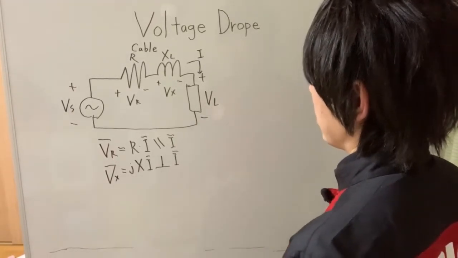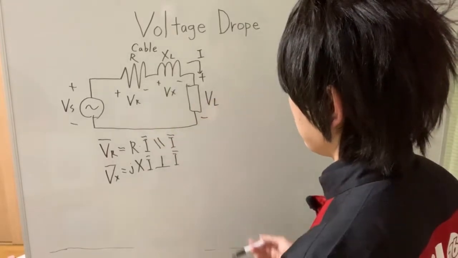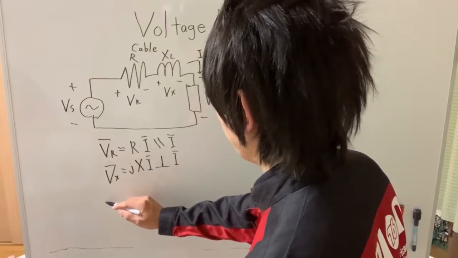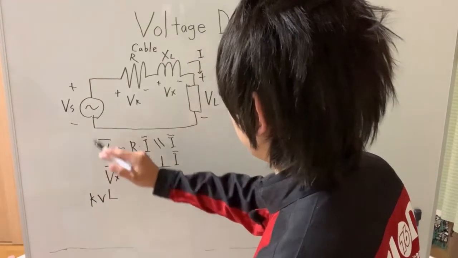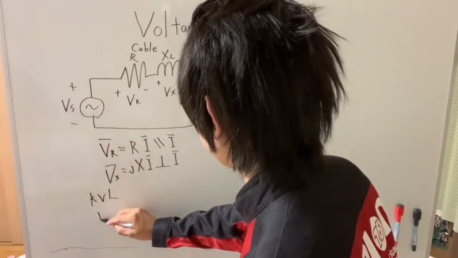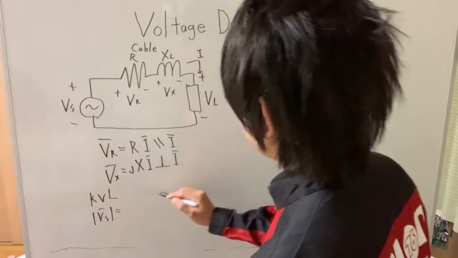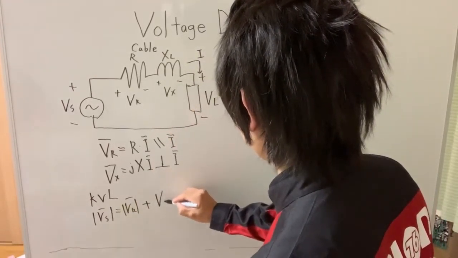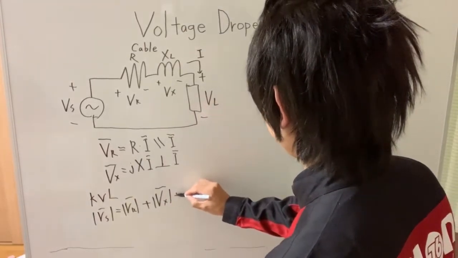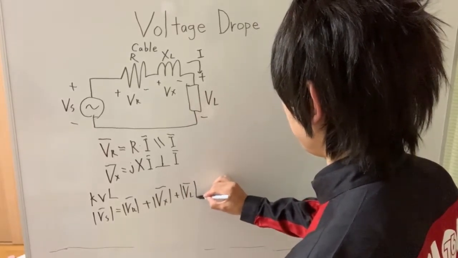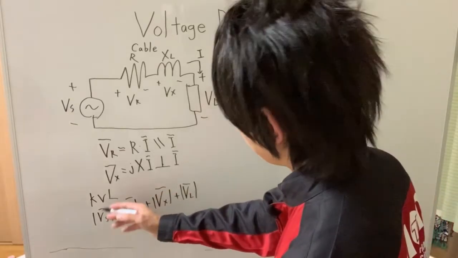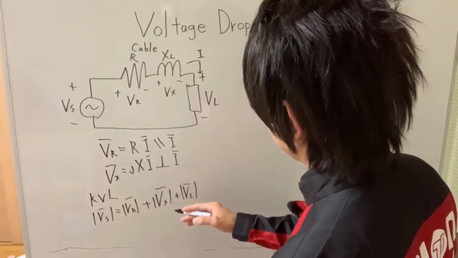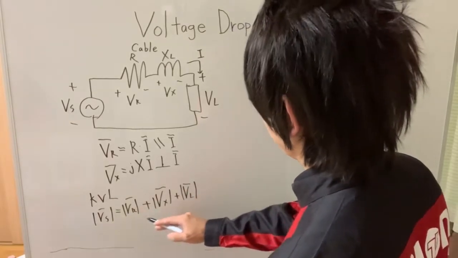So let's think about Kirchhoff's voltage law, or KVL, in this closed path. Vs, here absolute value, equals VR plus VX plus VL. And Vs can be thought of as a constant that will never change, so the value of VL totally depends upon the values of the voltage drop, meaning VR and VX.